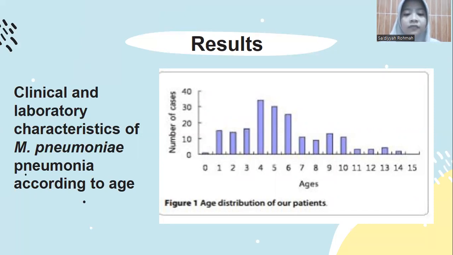The age of the subjects ranged from 9 months to 14 years, and the male to female ratio was 1 to 1. The patients had symptoms and signs indicating pneumonia at the time of admission.